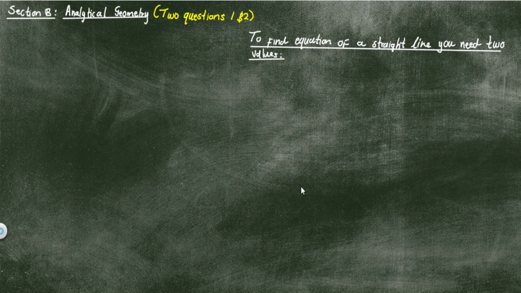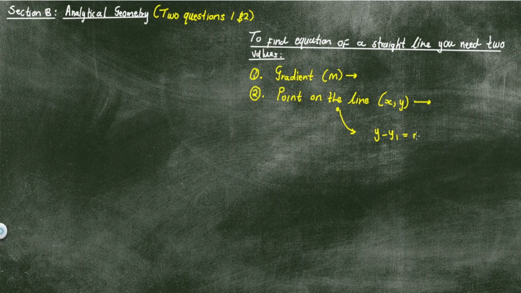So to find the equation of a straight line you need two things: a gradient and a point on the line. Then once you have these two values, you can use y minus y1 equal to m(x minus x1), right?